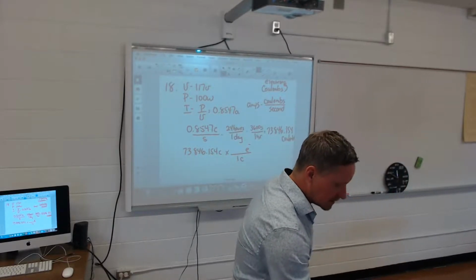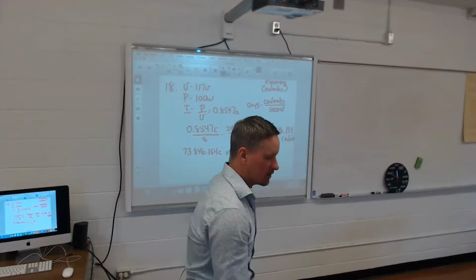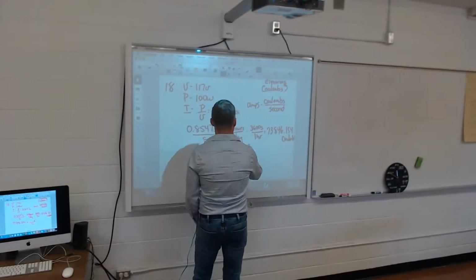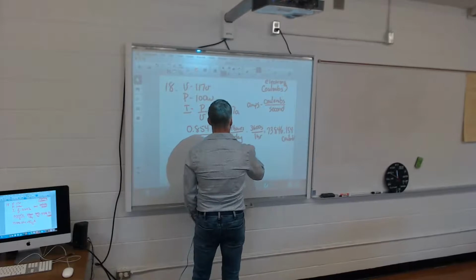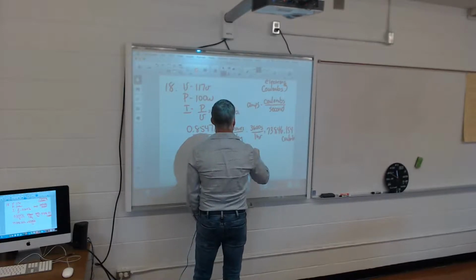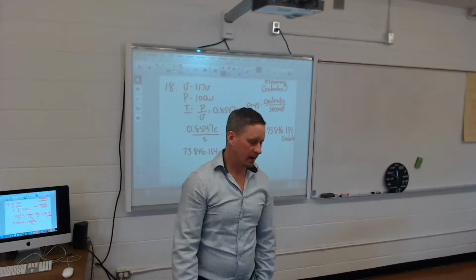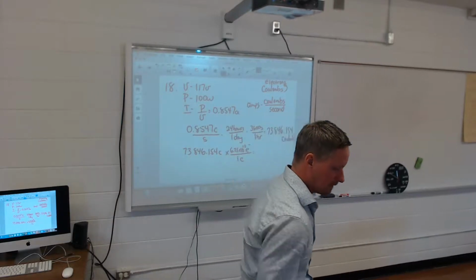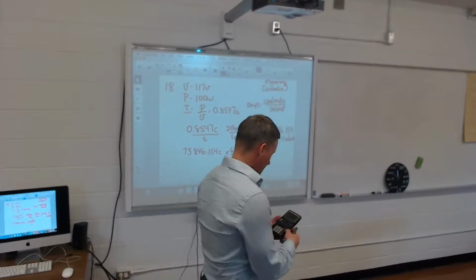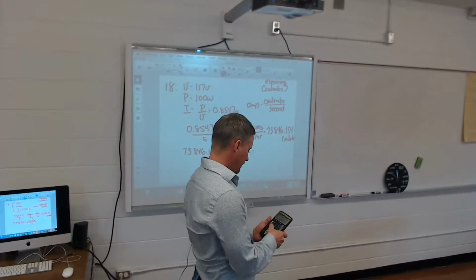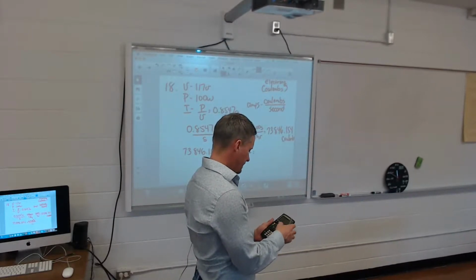So there's 6.25 times 10 to the 18 electrons in 1 coulomb. So you take that number, times it by 6.25 exponent 18.